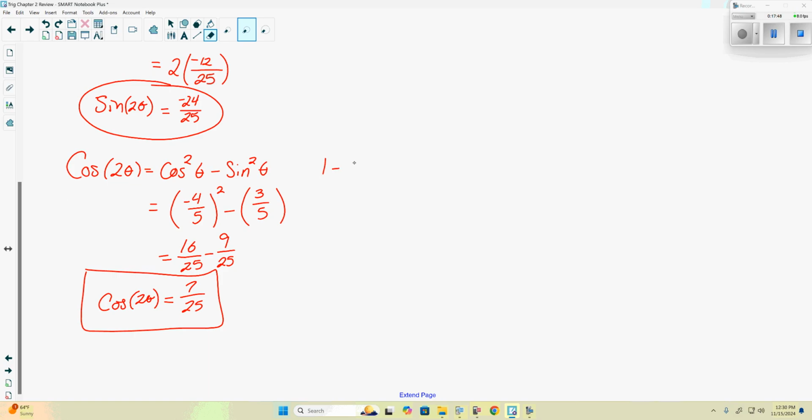Or we could have done 1 minus 2 sine squared of theta, which would have been 1 minus 2 times positive 3/5 squared. And at this point, for this problem, we could type that into the calculator and get our answer.